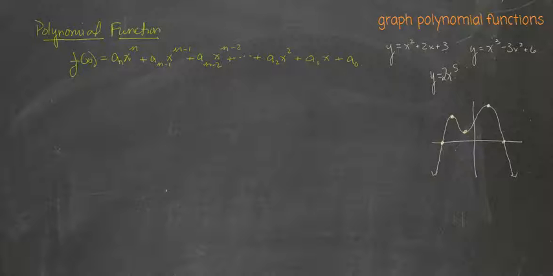Luckily, when it comes to graphing, we don't really need to know what all of these are. So the first piece of information that comes from graphing is the n and the a sub n values. So this is where we talked before about the end behavior of n and a sub n.